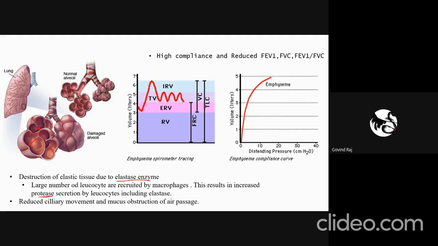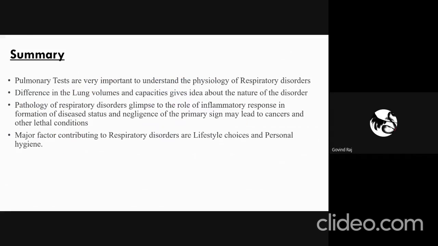A large volume of leukocytes are recruited by macrophages, and these leukocytes further recruit proteases to cause the destruction. This disease is also characterized by reduced ciliary movement and mucus obstruction of the air passage. That is why the FRC is seen to be higher.